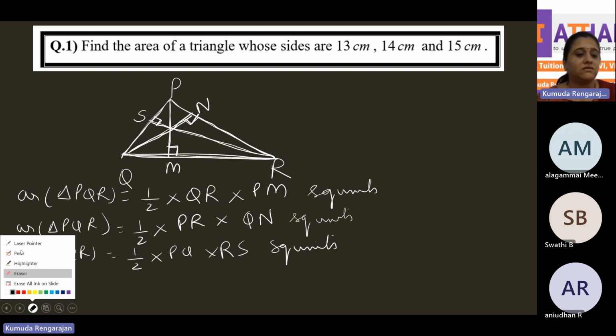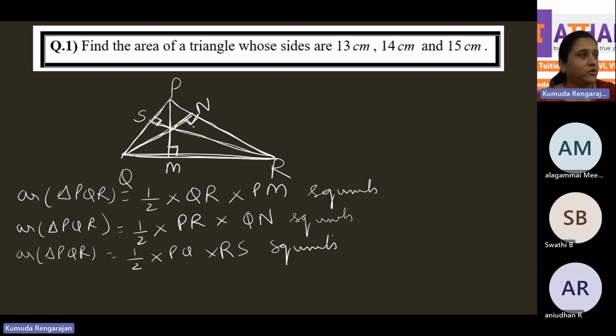Now you can see the altitudes. On every side of the triangle, you can draw an altitude from the opposite vertex. On the side QR, you have an altitude from the opposite vertex, PM.